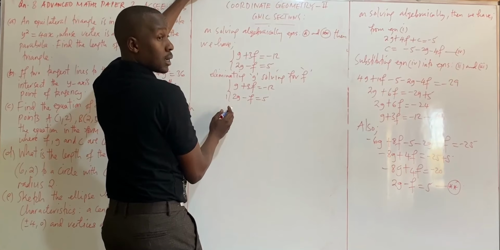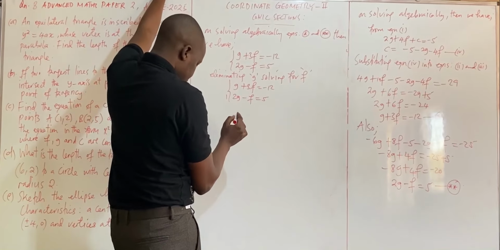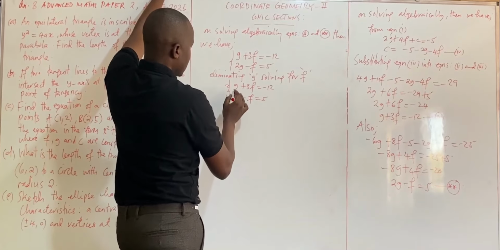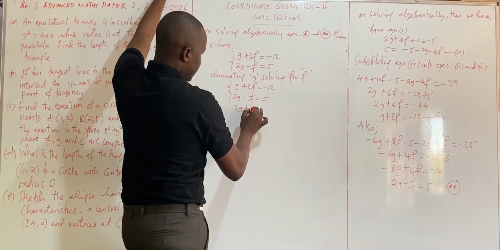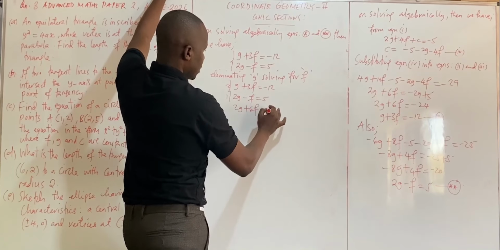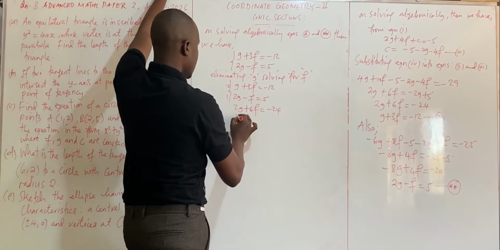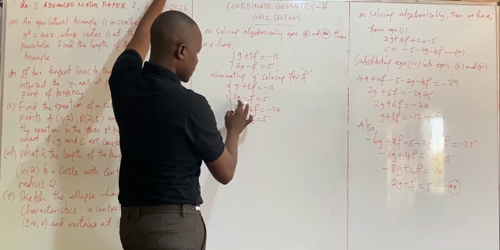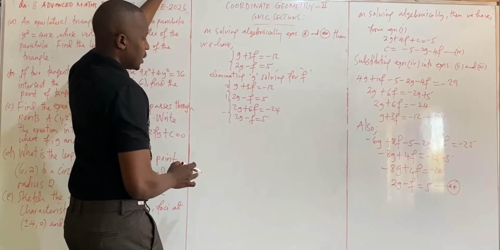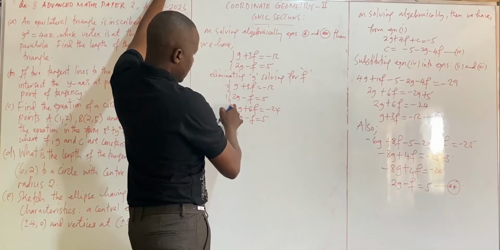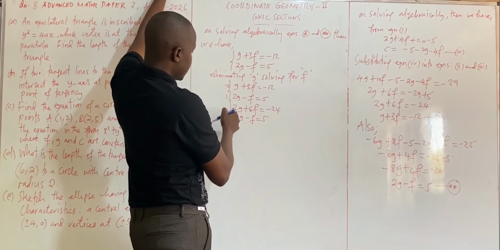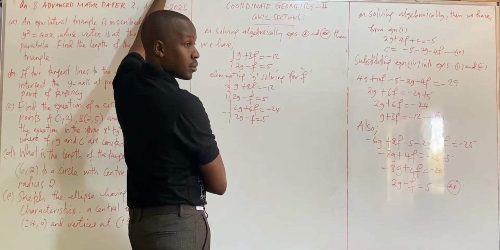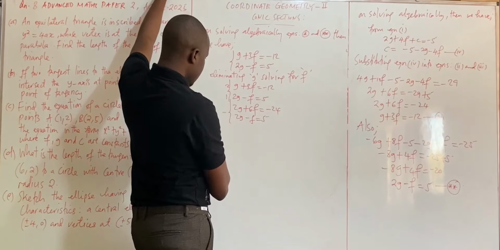Here is one. For the term to be eliminated, we take the zigzag assignation of the coefficients. So here is 2, so this will be 2G plus 6F, and we times all, negative 24. Here it is 2G minus F equals 5. Now I'm subtracting because the coefficients have the same sign, so we apply the minus operator.